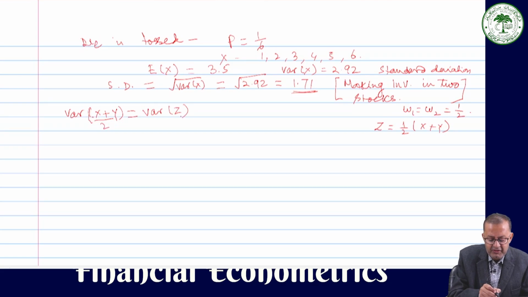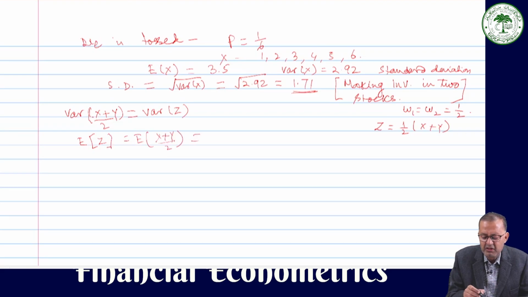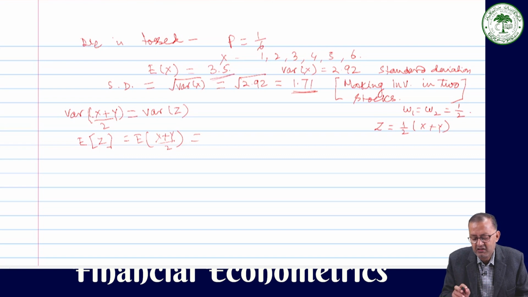So first calculate the mean value of z, the expected value of z, which is equal to the expected value of x plus y upon 2. What was the mean value of x? If you are tossing a die, the mean value is 3.5. Clear?